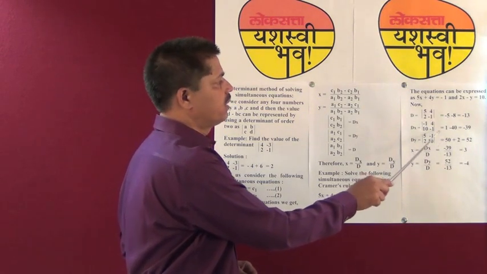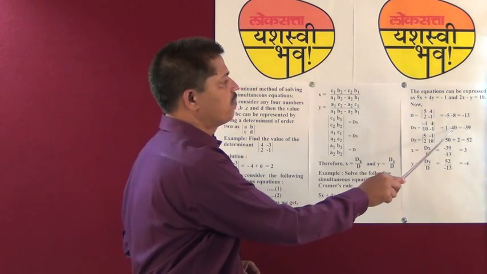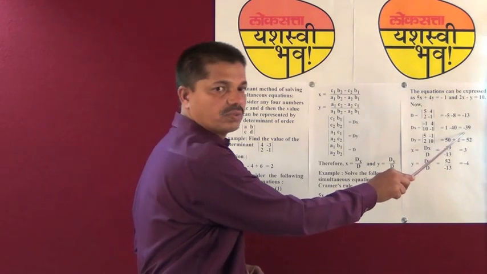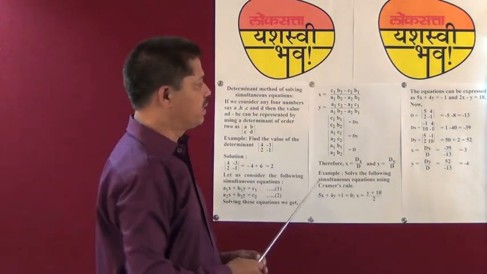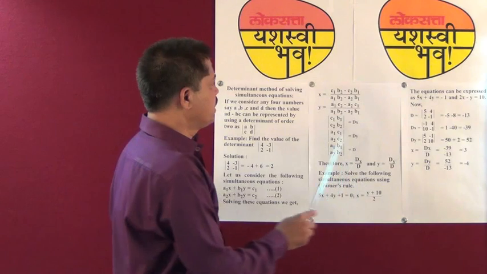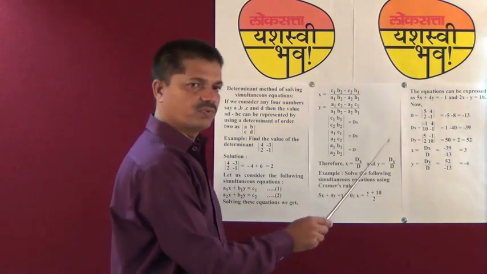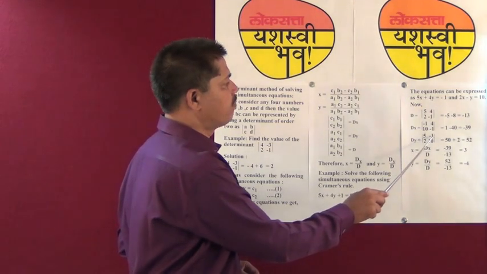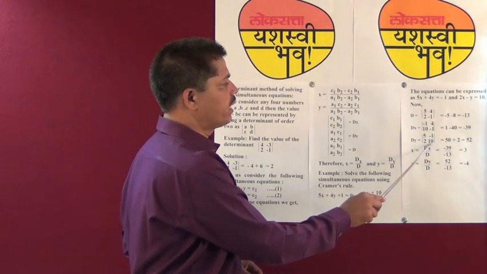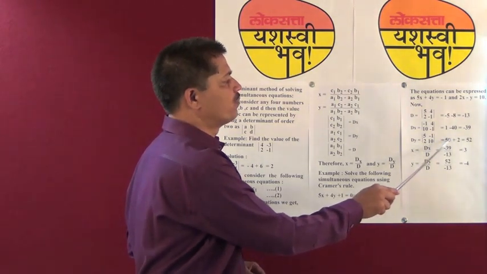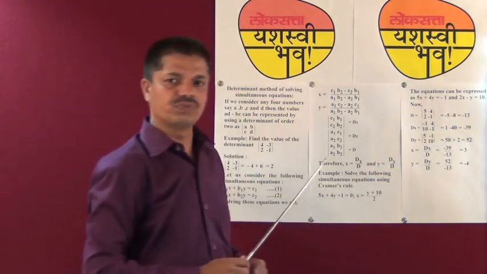The value of this, as you already know, is 1 minus 40, which comes out to be minus 39. Similarly, the value of Dy is a1, c1, a2, c2. If you substitute, we get 5, minus 1, 2, 10, and the value of this determinant is 50 plus 2, that is equal to 52.